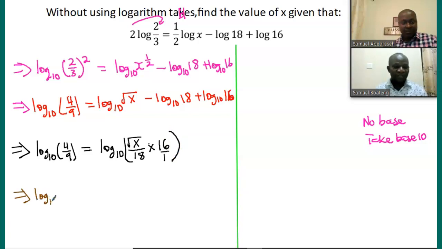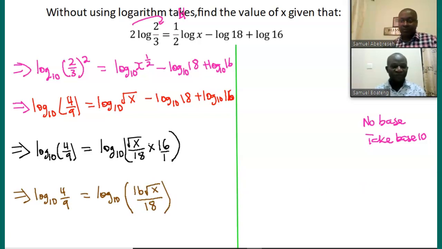Log to the base 10, 4 on 9 is equal to log to the base 10, 16 root x, over 18.